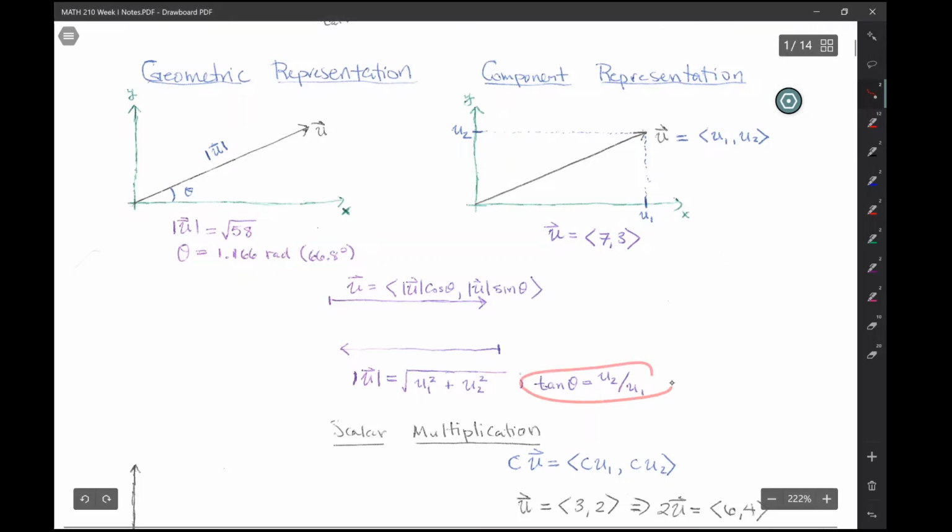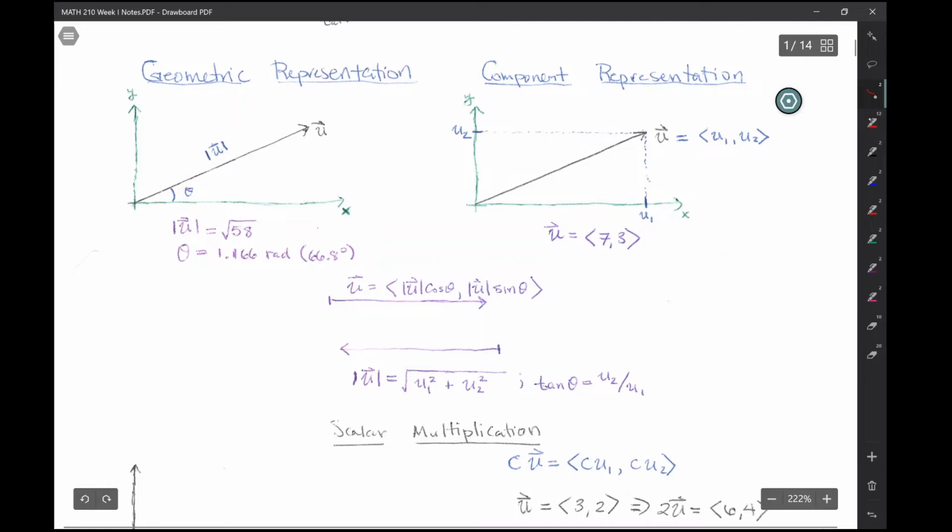And here you have to be a little careful about which angle you're finding. Because we know that theta is the angle between the positive x-axis and the vector, taking this y over that x is going to give us the angle that we want, theta.